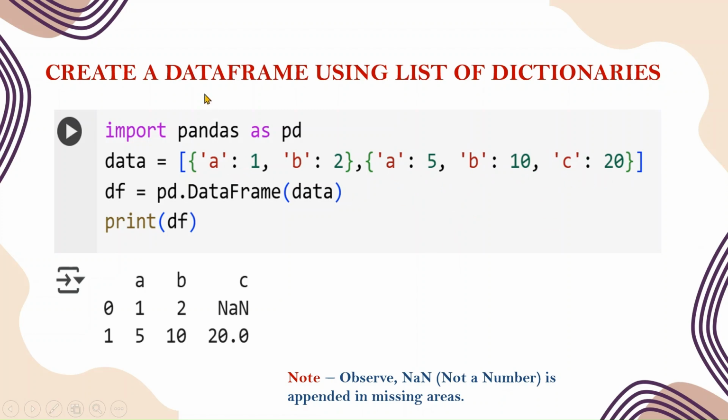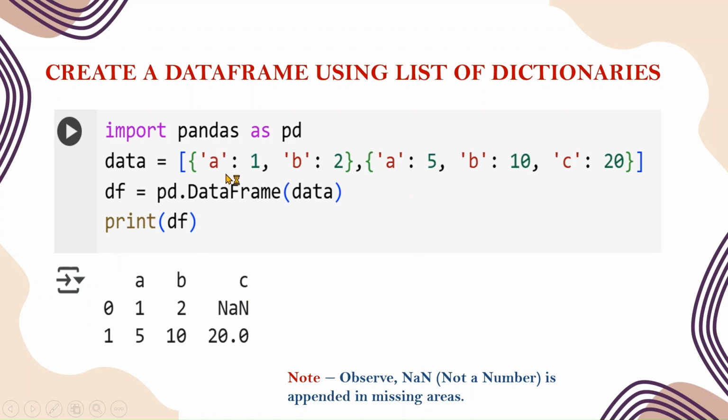But here you need to observe that the first dictionary is only holding A and B, and the second dictionary is holding A, B, and C. So 2 elements and 3 elements. Now this complete data I am passing as a parameter for the data frame and printing that. Here A is one column and B is one column because both are keys, but C is also becoming one column.